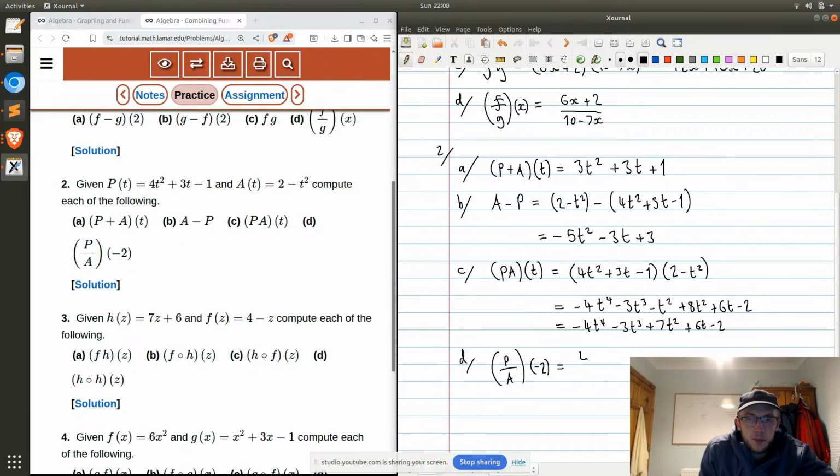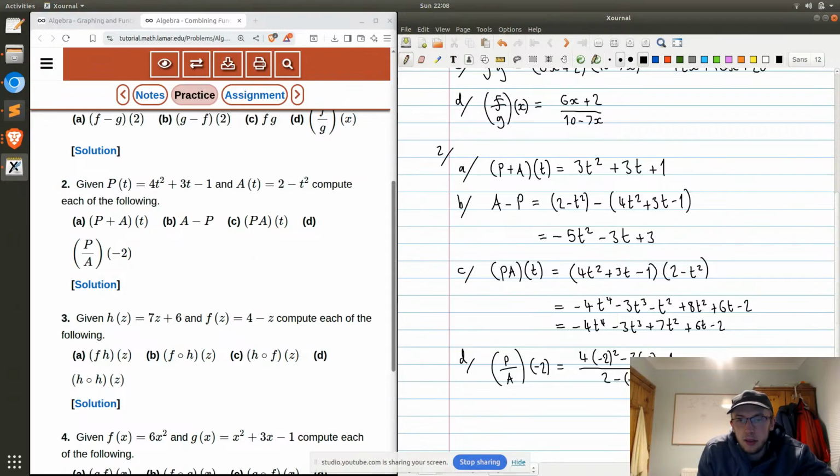So that's on top. That's on the bottom. And then we compute -2 all squared.